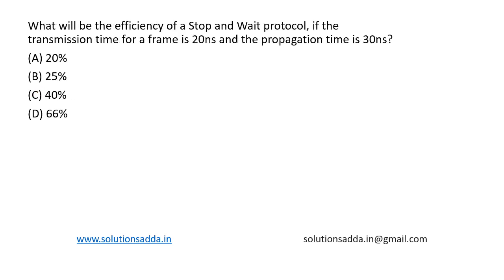This is a question from computer networks. What will be the efficiency of stop and wait protocol if the transmission time for frame is 20 nanoseconds and the propagation time is 30 nanoseconds? So given TP is equal to 30 nanoseconds and TT is equal to 20 nanoseconds. Now efficiency of a stop and wait protocol is 1 by 1 plus 2A, where A is equal to TP by TT.